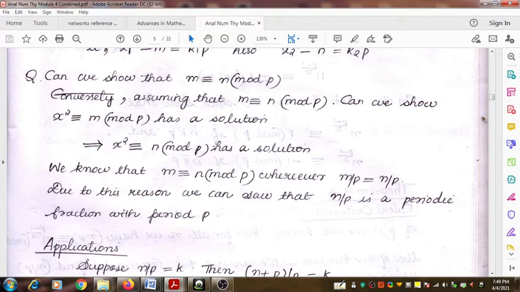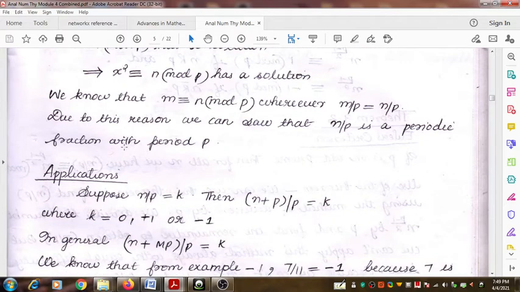For the Legendre symbol (n/p): if n is a multiple of p, then (n/p) equals 0. If n is a quadratic residue mod p, then (n/p) equals +1. Otherwise, if n is a quadratic non-residue mod p, then (n/p) equals -1.